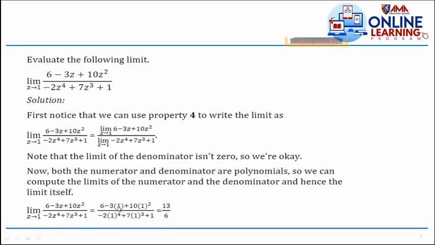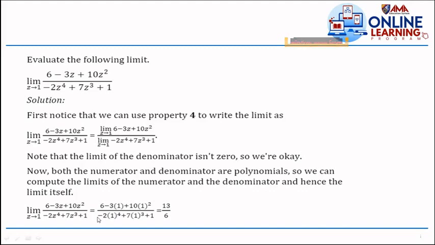3 times 1 is 3 pa rin, no? 6 minus 3 is 3 plus 10 times 1 is 10. So, 3 plus 10, we have 13. Sa baba, 1 raised to 4, 1 times 1 times 1 times 1, 1 pa rin siya.